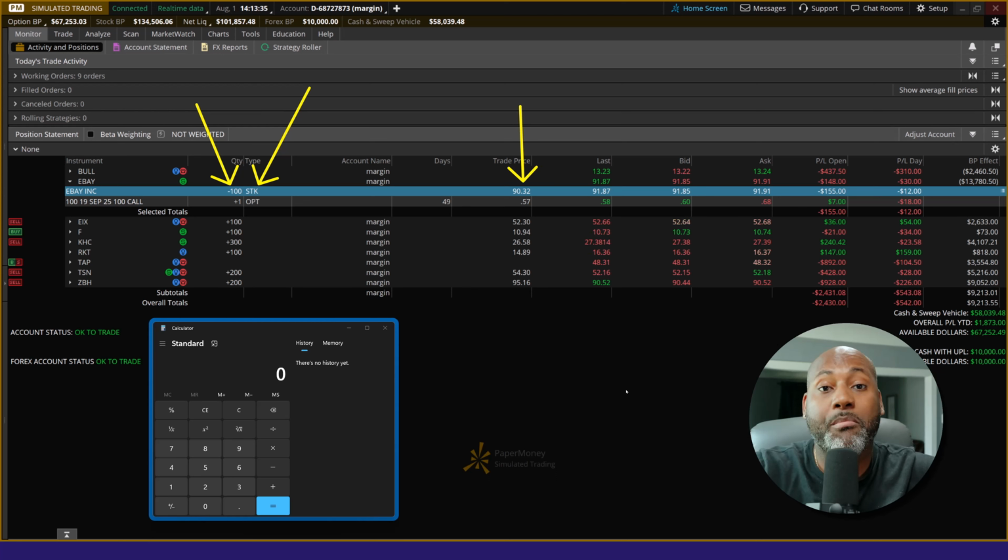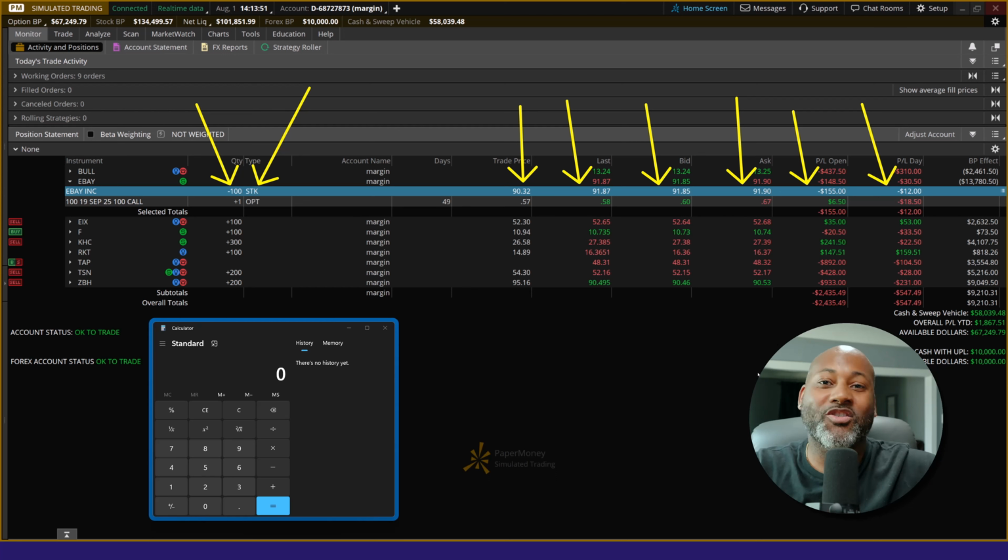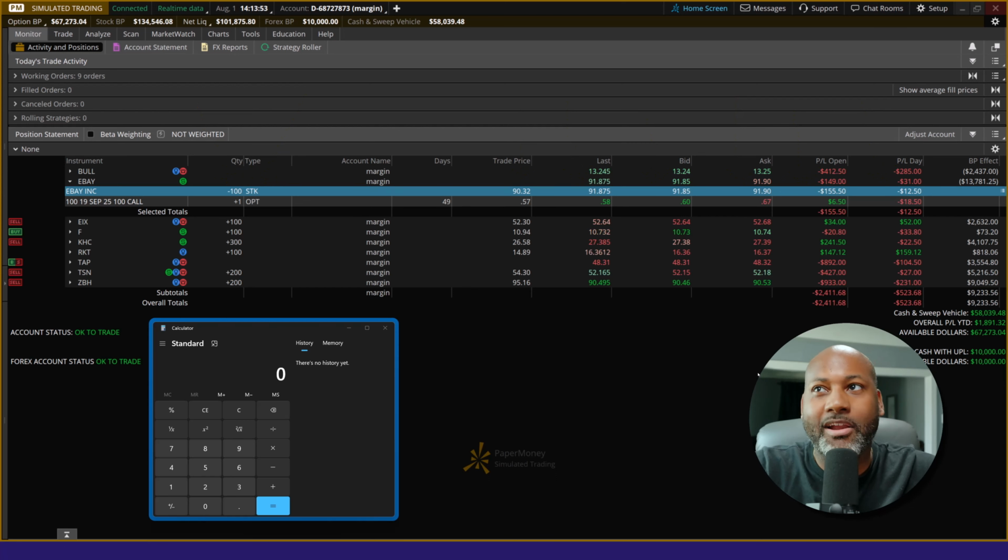Here's the thing. Because the market is open, you can see that the last is changing and the bid is changing and the ask is changing and the profit and loss on the open and the profit and loss on the day. So all of this is moving. I got this calculator on the screen and I want to show you what number they're actually using to calculate our profit and our loss.